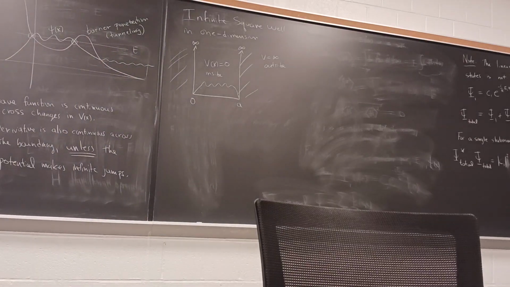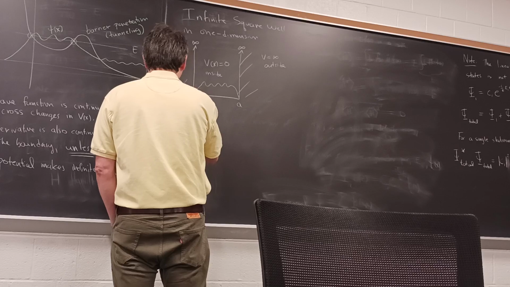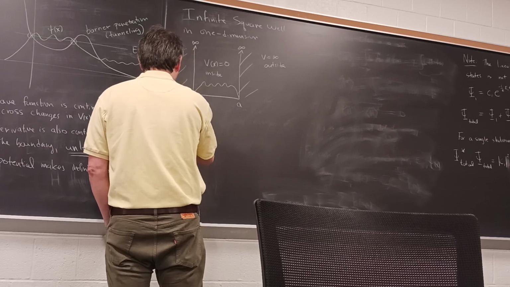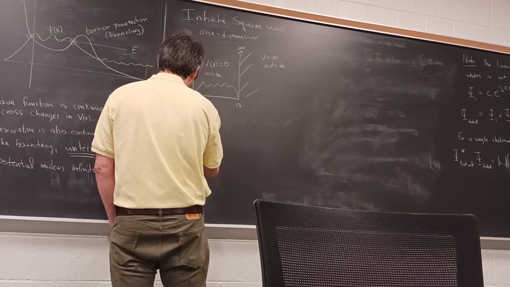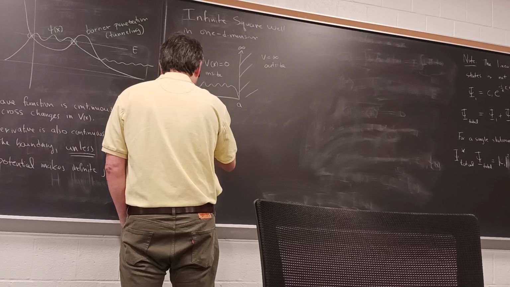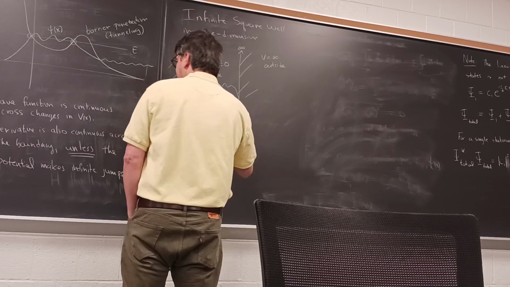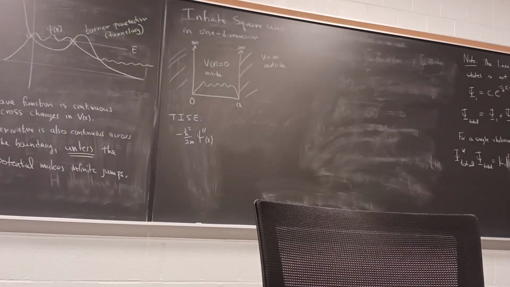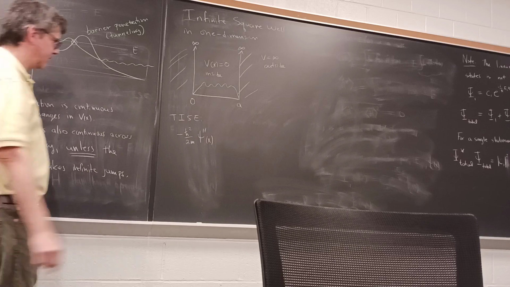Let's work it out for this particular case. So write down the equation. This is the time-independent Schrödinger equation. It will be minus h bar squared over 2m psi double prime of x. Now, the potential is 0, so V is 0, and it's just equal to E psi of x.